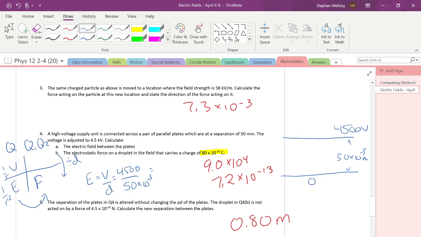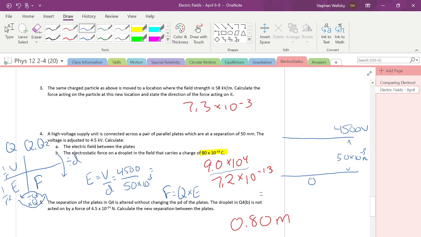Well, hopefully you can see that if I'm going from Q to Q1, Q2, I'm going to have to multiply by Q to get this, or likewise I can divide by Q to get that. So if I want to know what my force is, F is going to be Q times E. The Q itself is this 80 times 10 to the minus 19 coulombs, and the E we've got from the first value is this.